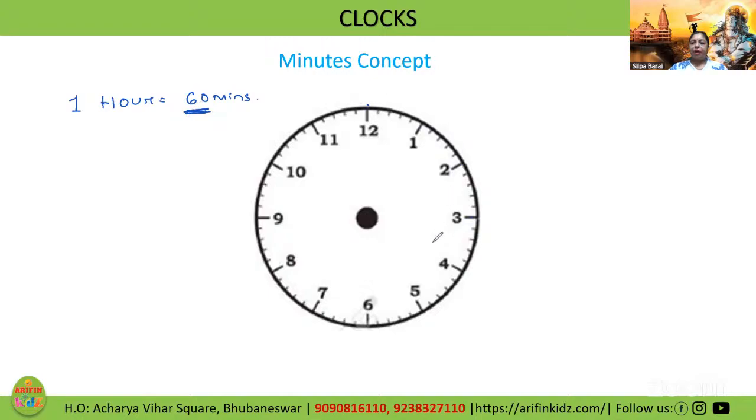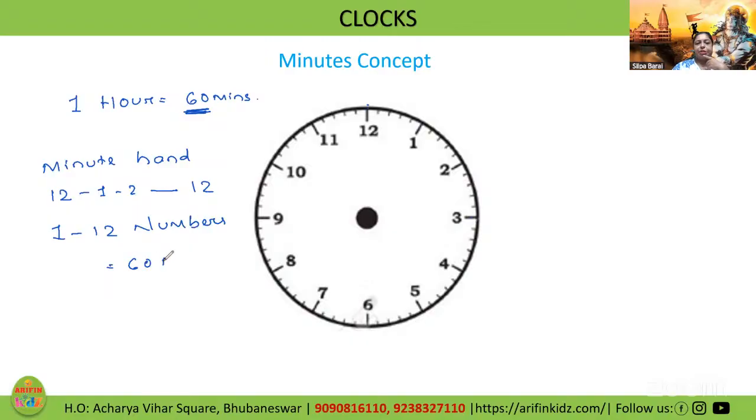So the minute hand will complete one rotation in 60 minutes. That means the minute hand will move from 12 to 1, then 2, and again it will come to 12. That means the minute hand has to complete 1 to 12 numbers. That is a complete rotation beta in 60 minutes.